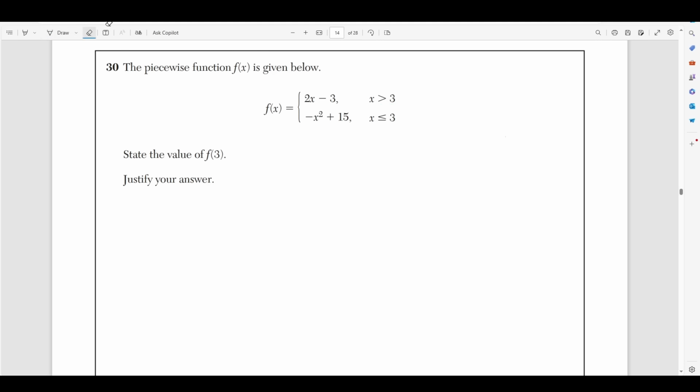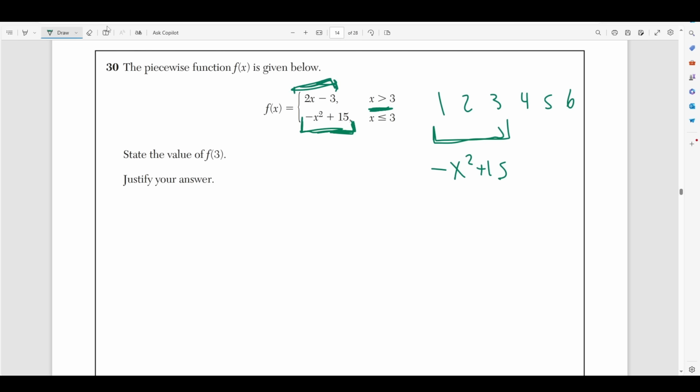Let's say you have this instruction manual, and it has 6 pages, pages 1, 2, 3, 4, 5, and 6. The instruction manual, as you flip through, tells you to do this for any page less than 3 and 3, right? So for pages 1 through 3, you're using the equation negative x squared plus 15. But for any pages that are greater than 3, it gives you a new equation to use.